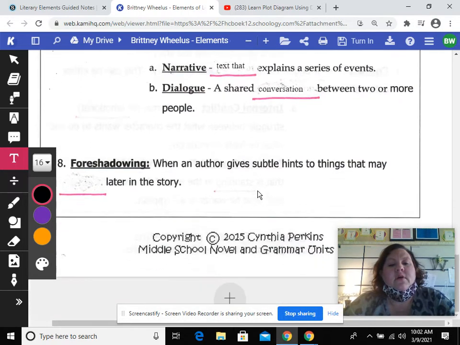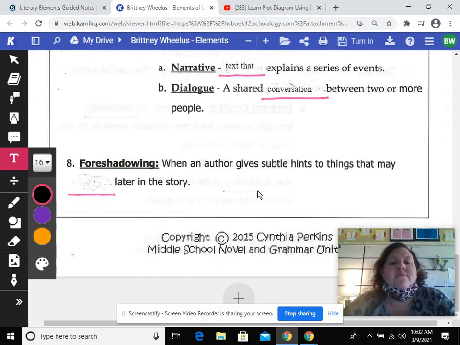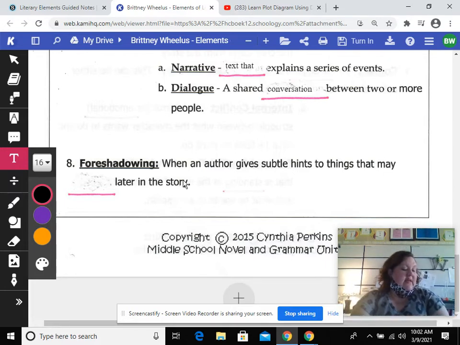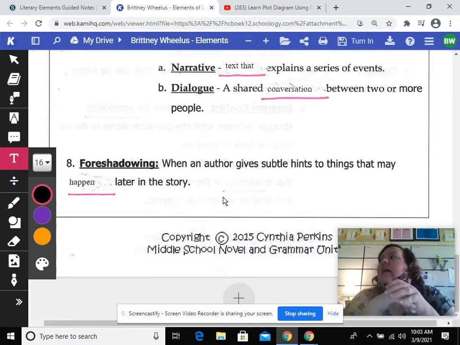And the last thing that we're going to talk about today is foreshadowing, and that is when the author gives subtle hints to things that may happen later in the story. Now, you will think back to the very, very beginning of Old Yeller, even in chapter 1. They told us in chapter 1 what was going to happen to Old Yeller.